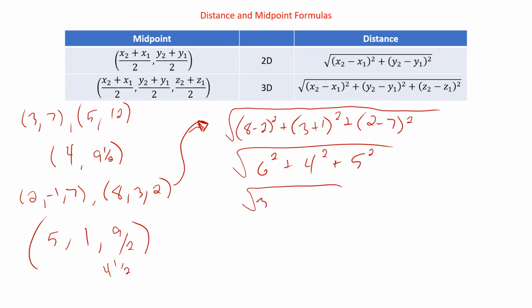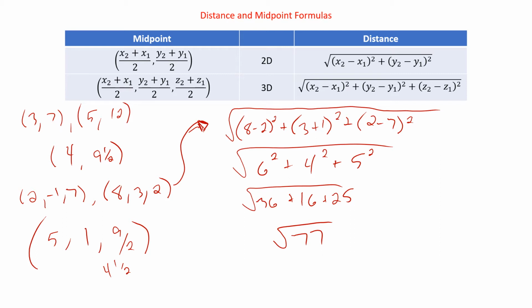6 squared is 36, 4 squared is 16, 5 squared is 25. We can add these together. 36 plus 16 is 52, plus 25 is 77. So we get the square root of 77. Very frequently, these will not simplify down to a nice whole number.